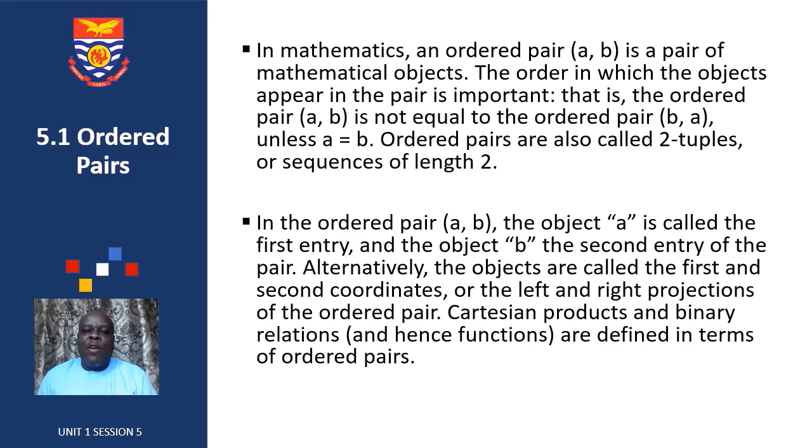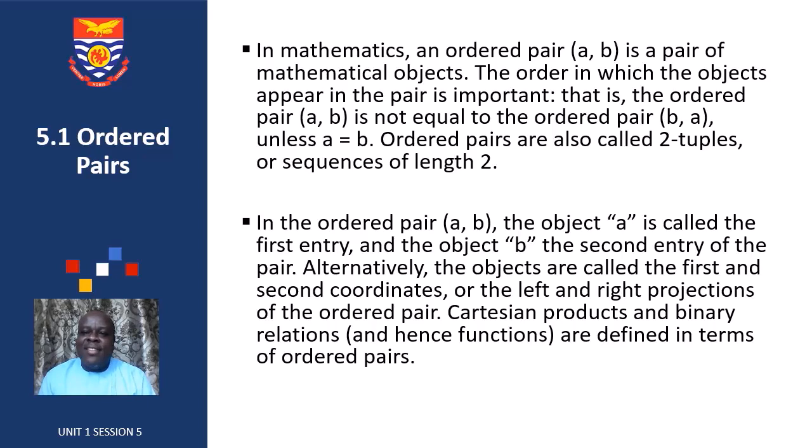Now if you have an ordered pair (a, b), the first entry, which is a, and the second entry, which is b, can also be called first coordinate and second coordinate, or they can be called the left and right projections of the ordered pair.